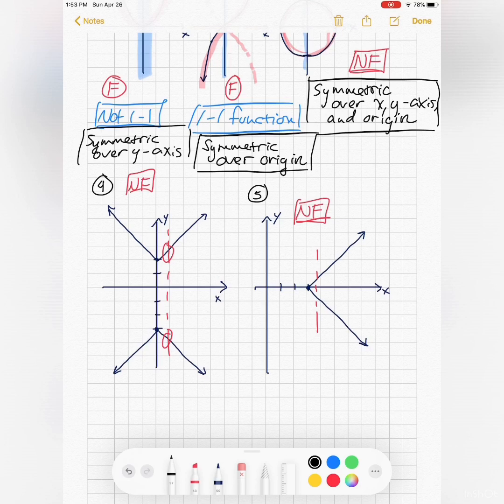Okay, what about number 4? It's not a function, but regardless. So let's see. If I fold that over the y-axis, then this lands here, this lands here. Okay, so it is symmetric over the y-axis.